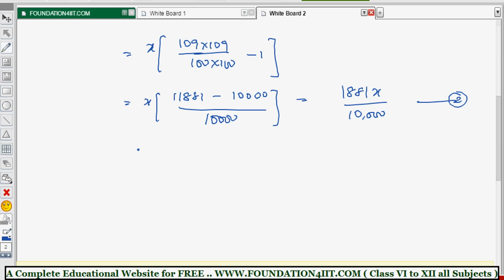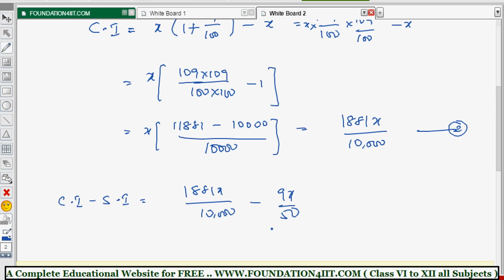Now compound interest is generally more than simple interest because it is compounded, and so compound interest minus simple interest. So compound interest is 1881x by 10,000 minus simple interest is 9x by 50. That is from equation 2.